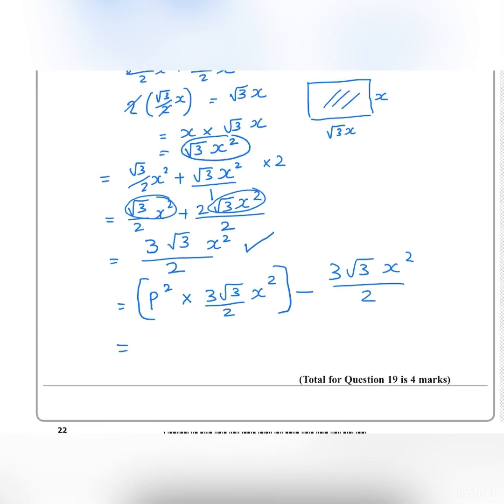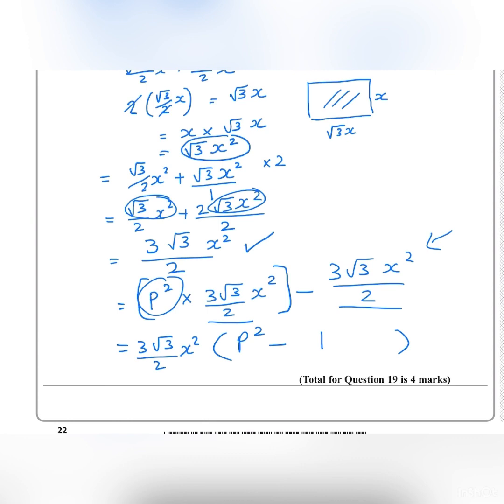Okay, so if you have a look here, we have a common factor which I can take out and factorize this expression. So the common factor is 3 root 3 over 2 x squared, and take that out, and then we are left with p squared on this side, and then minus, and we got the same thing on this side here, and that would be 1.